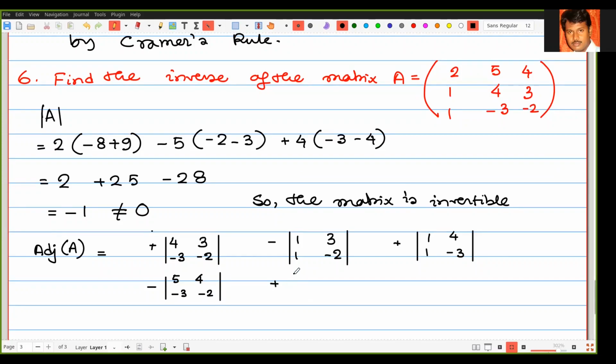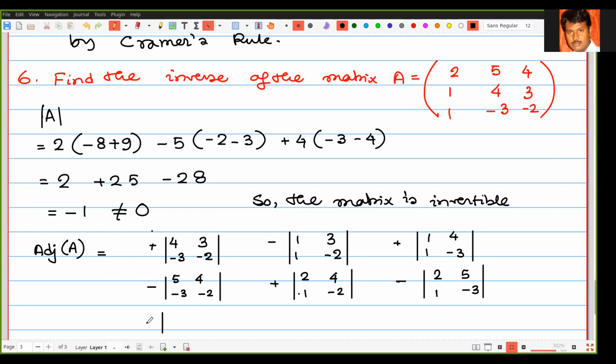Here that one is plus 2, 4, 1 and -2. Then minus 2, 5, 1, -3.